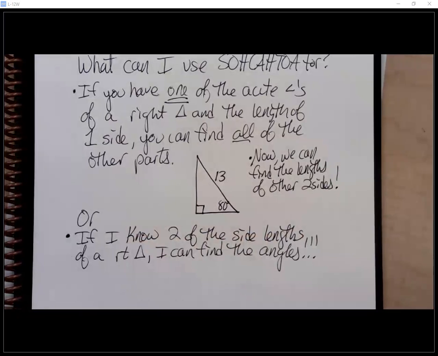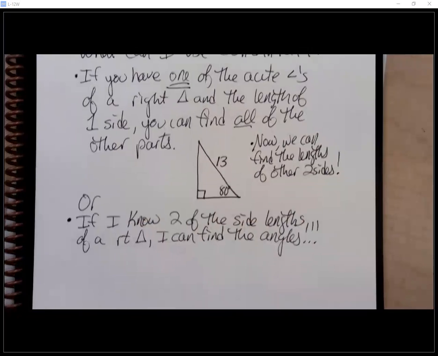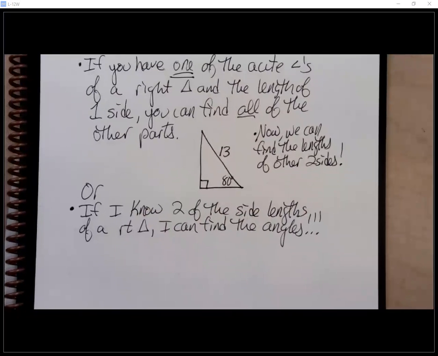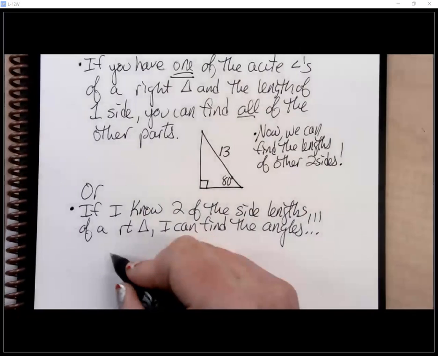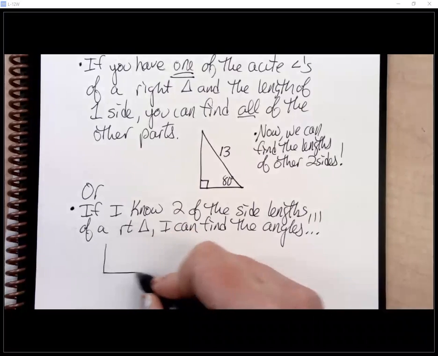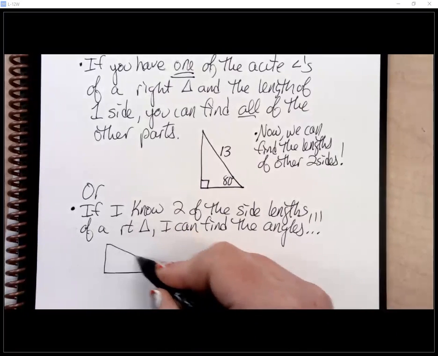That's something. So let me show you just a little preview example. Again, we'll probably talk more about this tomorrow.